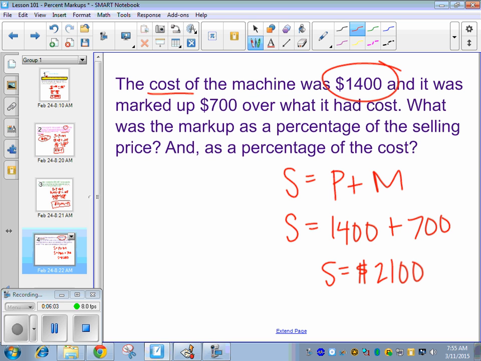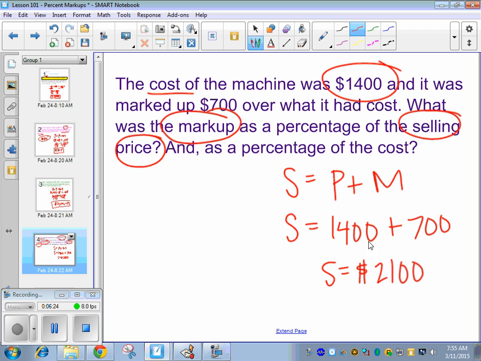So then what was the markup as a percentage of the selling price? We're just going to write a fraction and we're going to get a percent. And the fraction goes exactly in this order. So markup goes on top as a percentage of selling price.